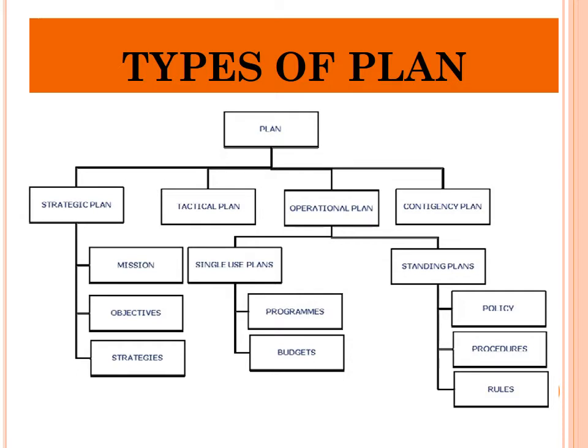And in the operational plans, there are two kinds of plans, that is single-use plans and standing plans. In single-use plans, there are programs and budgets, and in standing plans, there are policies, procedures, and rules.